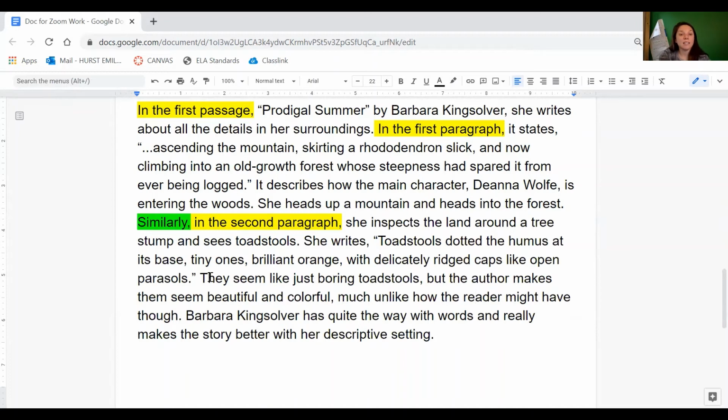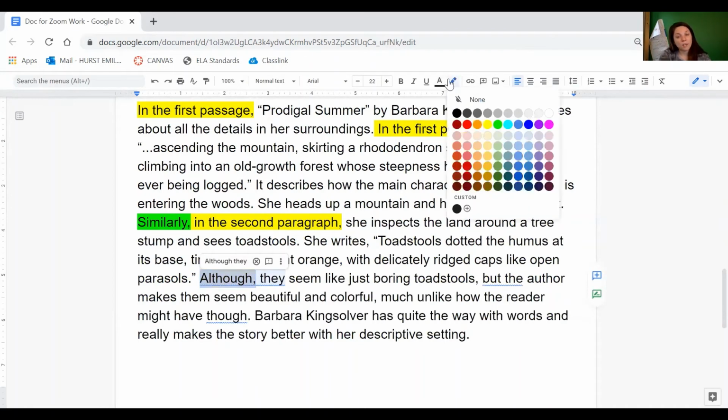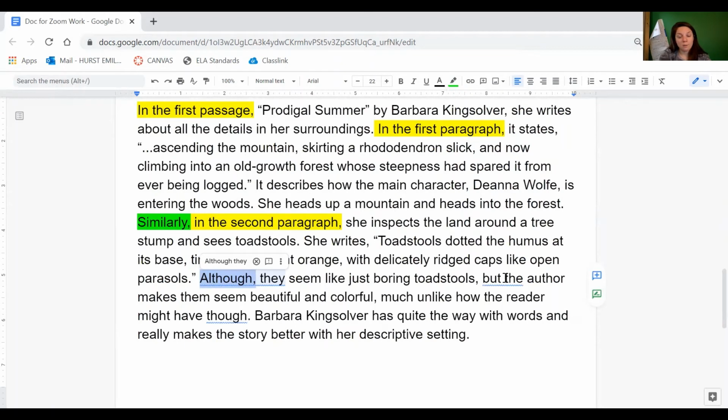So I'd like to add the word although. Although they seem like just boring toadstools, and then I'm going to take out the word but. So I'm telling the reader before they read this that even though they just seem like boring toadstools, the although tells us that that's not it.